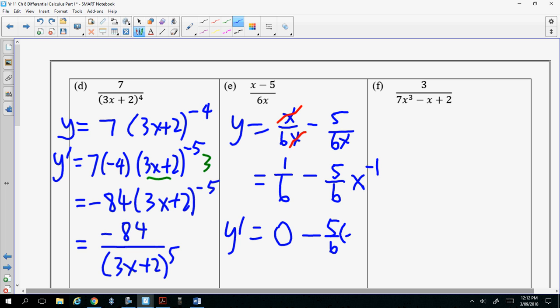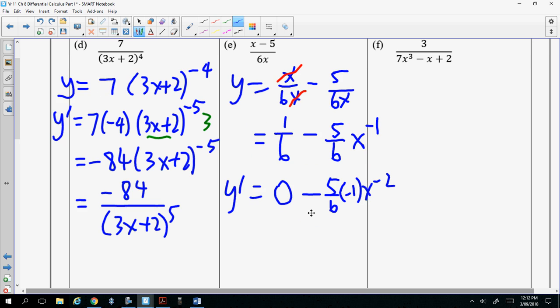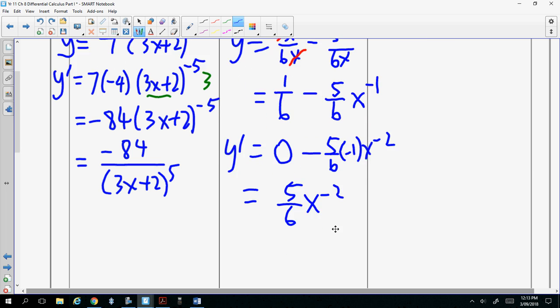All right. And double minus is positive. And what do I do with the x to the power negative 2? Put it at the bottom, the denominator, next to the 6.